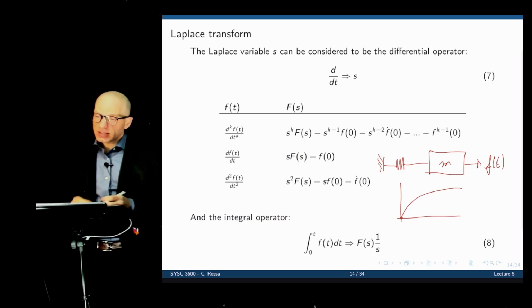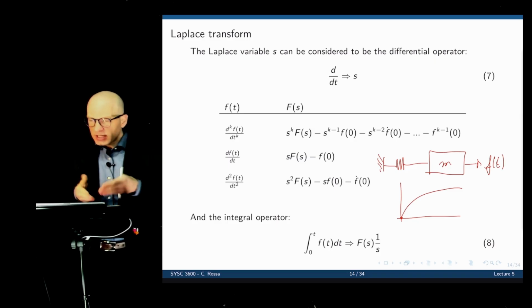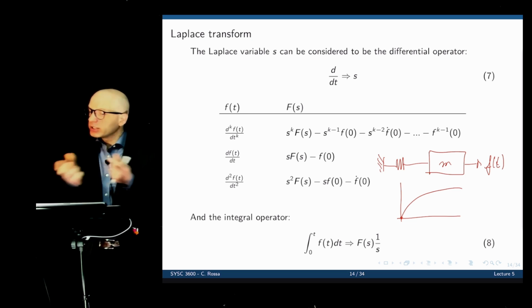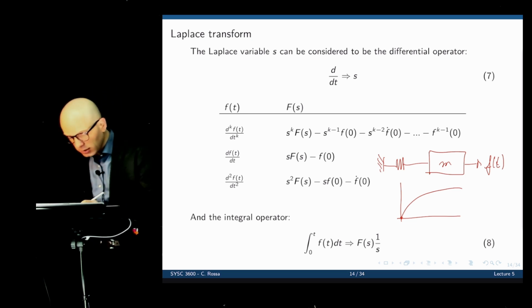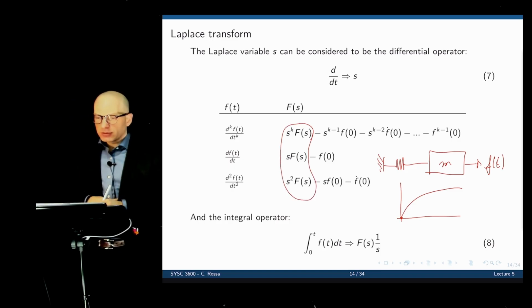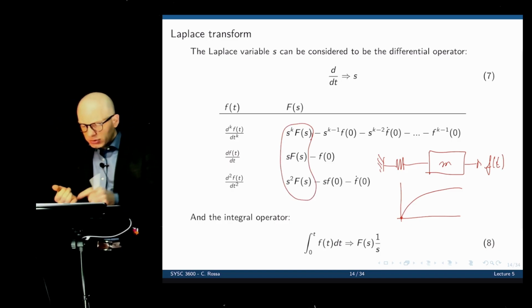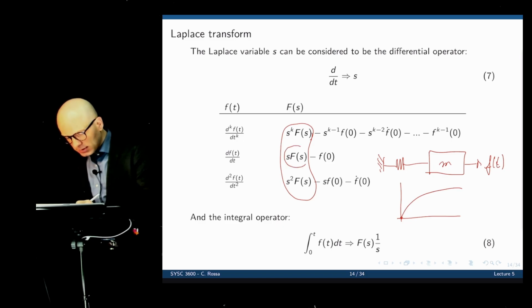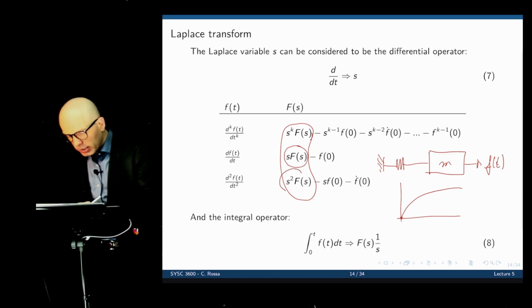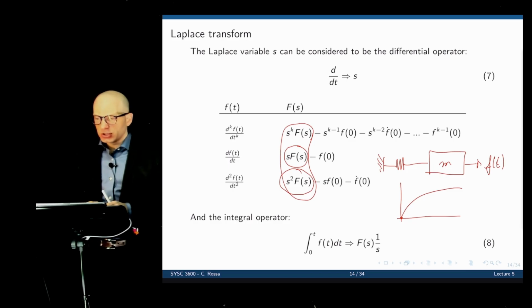But what if the mass is already moving when we apply that force? Where does that information show? Or what if the spring is already stretched or compressed when we apply the force? Where does that information show? It would be lost if we only have the first term here. Because the first term is only giving us position, f of s is position, so s times f of s is the speed, s squared times f of s is acceleration.